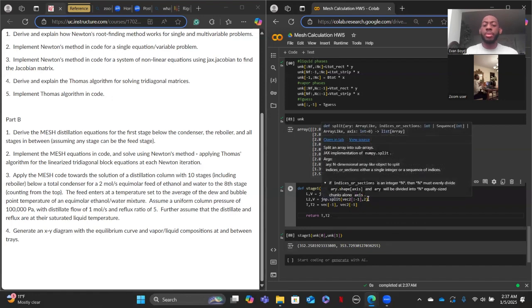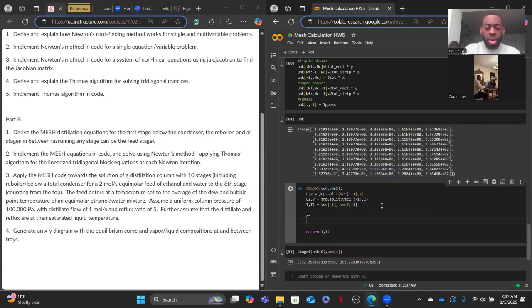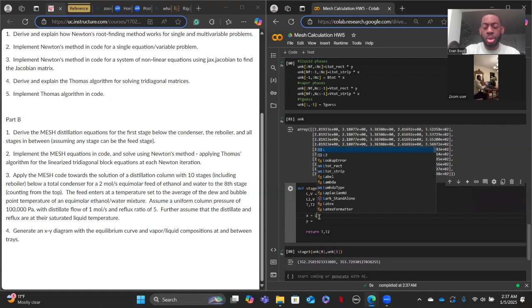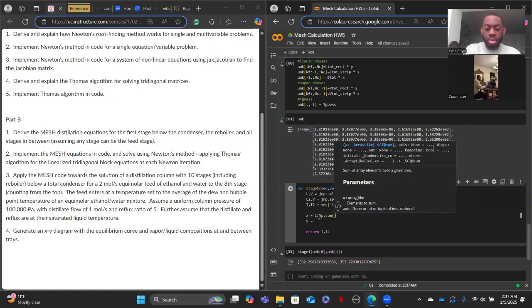So then from here, we also need to have our mole fractions. So we have our x mole fraction and our y mole fraction respective to the current state. So we need to also find that as well, which is pretty simple. It's just the liquid from our current stage divided by NP sum of the liquid.